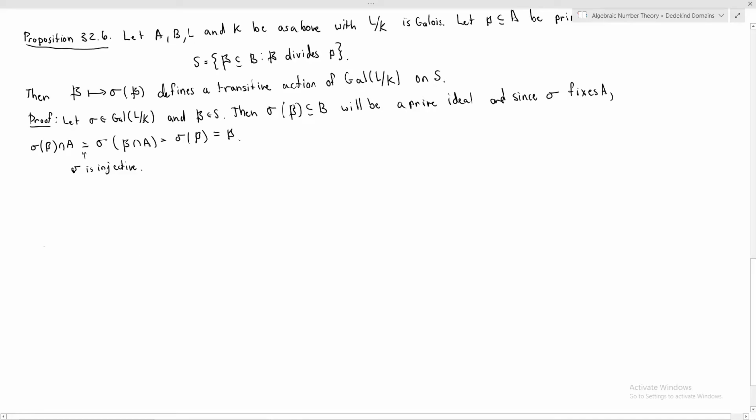Okay. So let's say B1 and B2 are primes over the same prime little p, and suppose, for the sake of contradiction, that no sigma takes B1 to B2.